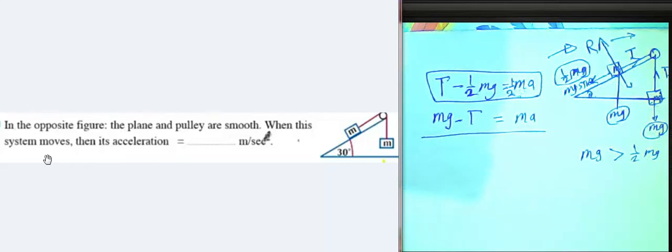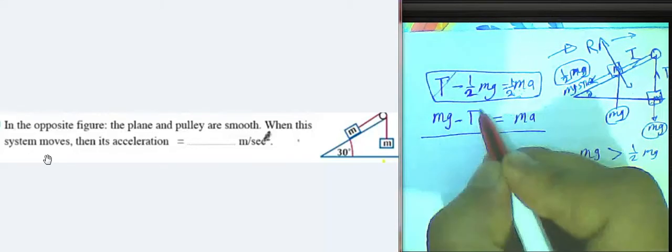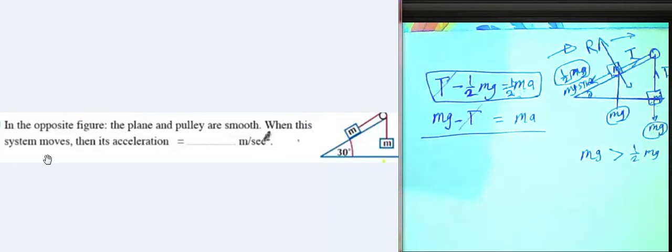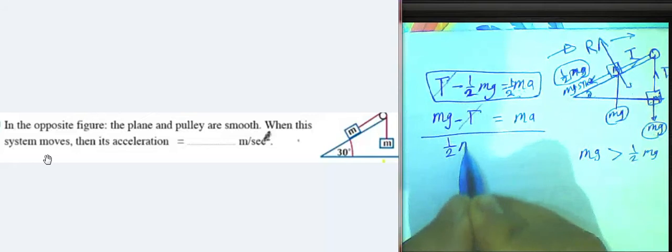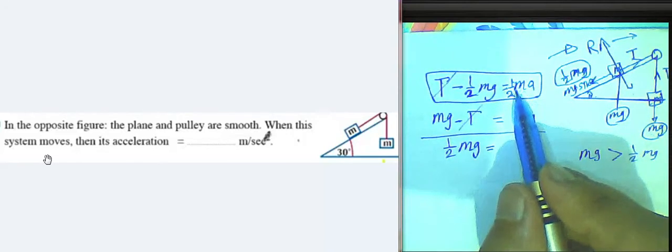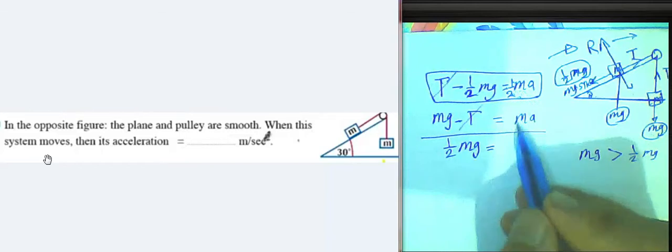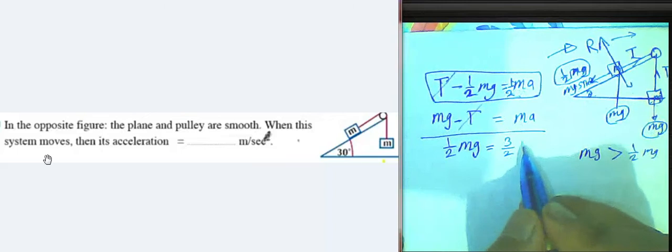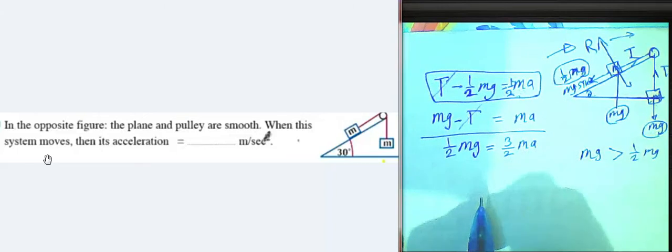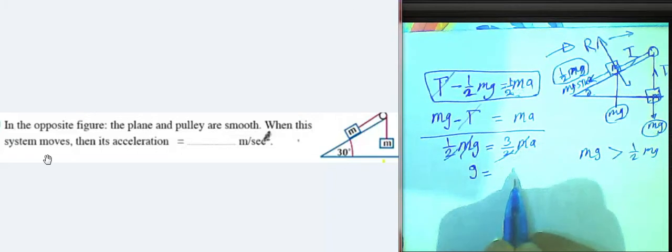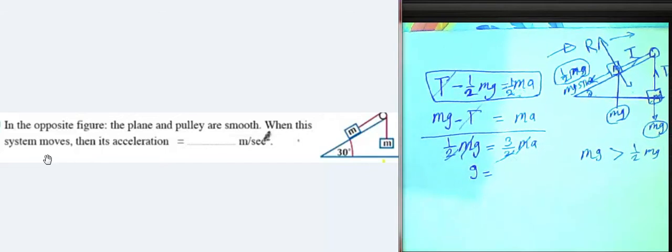We can cancel tension with tension, then mg subtract half of mg, the result will be half mg, and we have 1 over 2 here, and 1, the result will be 3 over 2 ma. We can cancel m with m, and 2 by 2, then g will be equal 3a.